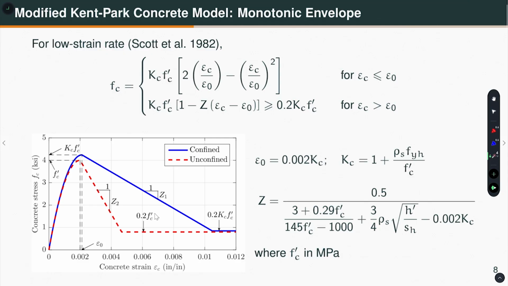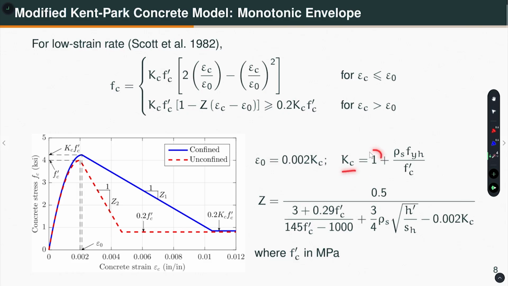Now, how do we determine Kc? As we know, it should depend on the confinement. So, epsilon 0 also depends on Kc. This epsilon 0 for the unconfined is 0.002, just like our Indian code. Considering confinement, it is 0.002 into Kc. Now, what is Kc?